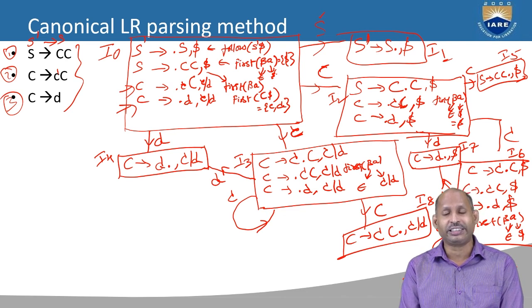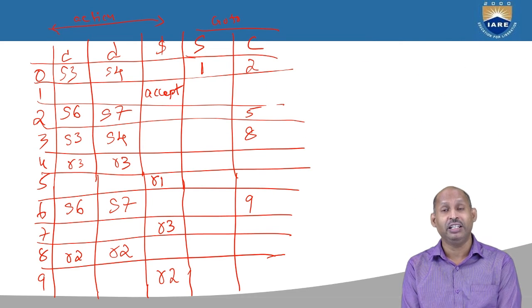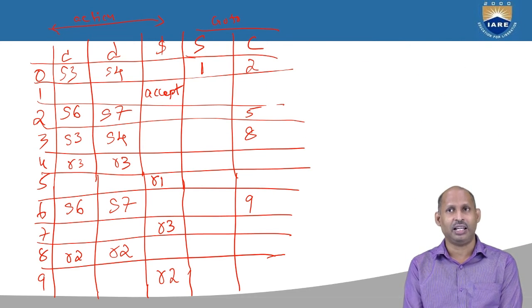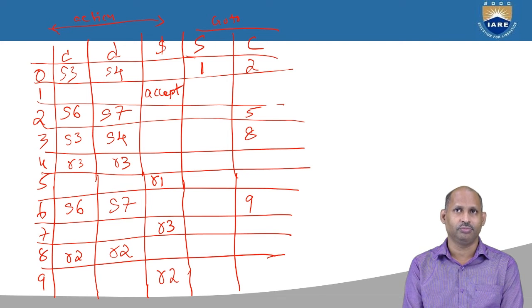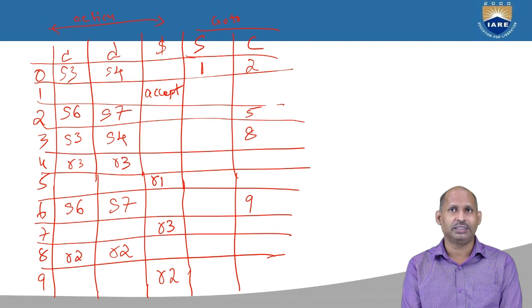Now, after constructing this DFA of the closure groups and go-to operations, we construct our canonical LR parsing table. Right? So here it will have two parts, action part and go-to part.